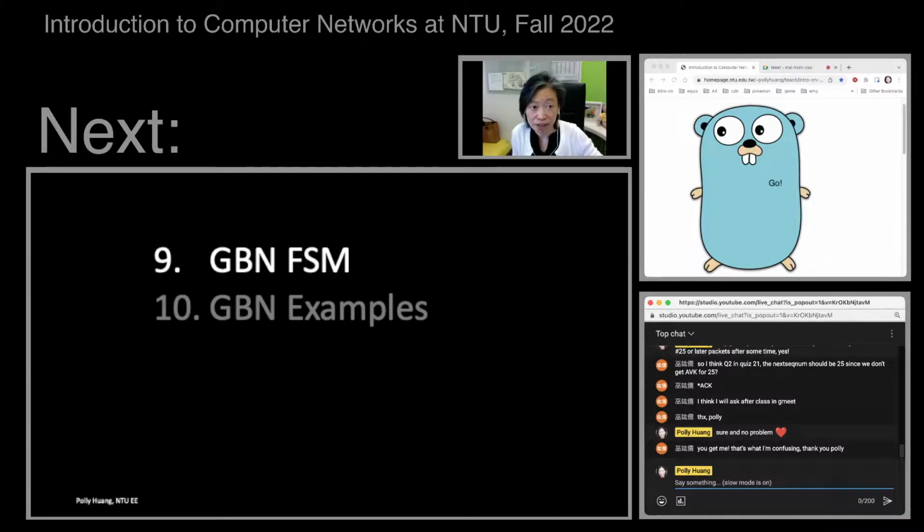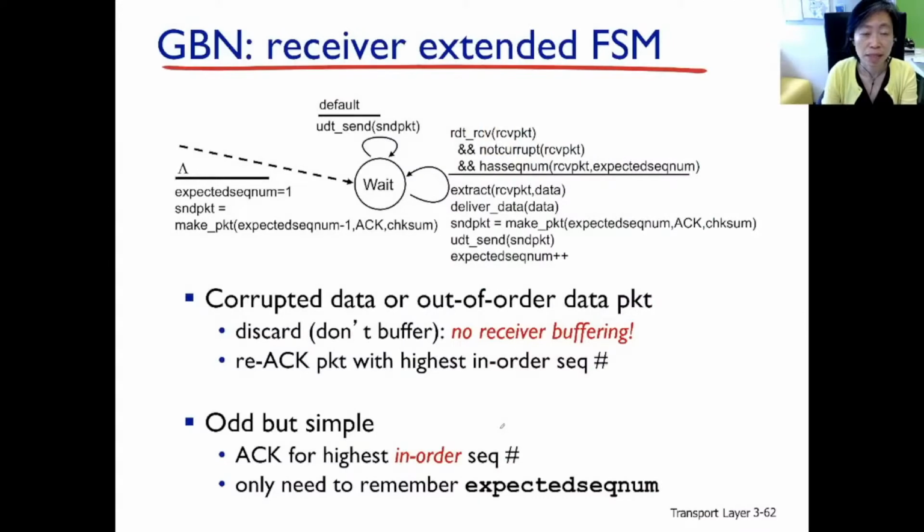Now, the receiver end of GBN. Now, the receiver finite state machine of Go-Back-N. It's actually quite simple. Let's just skip the initialization and focus on the two possible transitions. Among the two, this one is the more straightforward. We receive data, get a call from below, and check that the data is not corrupted, and check the sequence number of the data. hasseqnum is a function newly defined for Go-Back-N again.